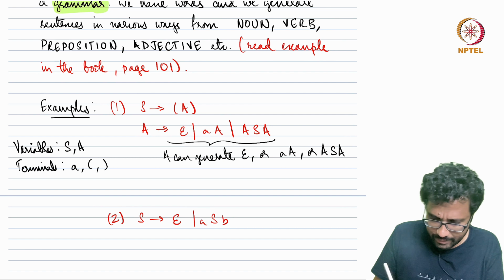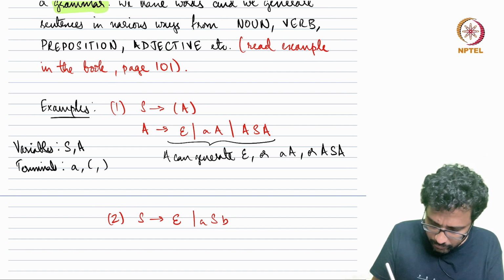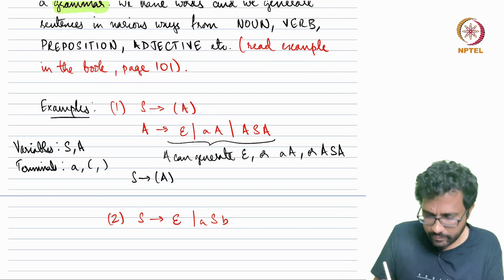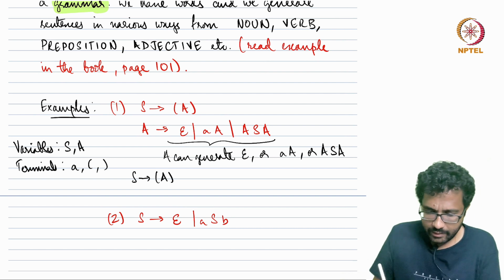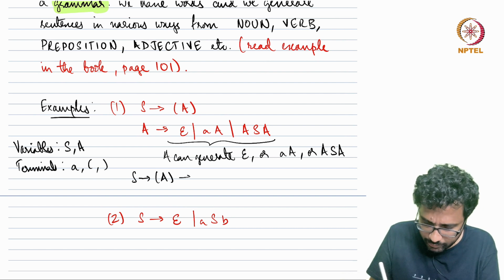So let us see some strings. S generates, the first rule has to be like this, right. Now A, let's see what it can do.